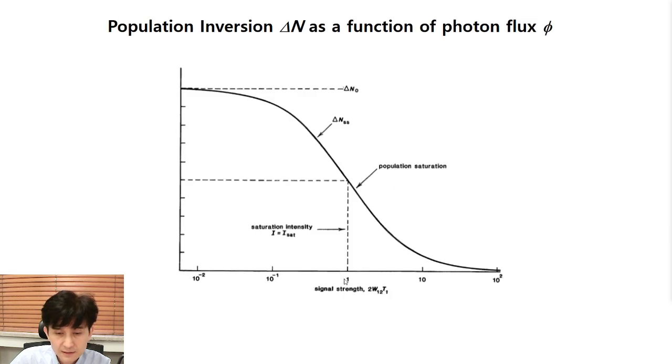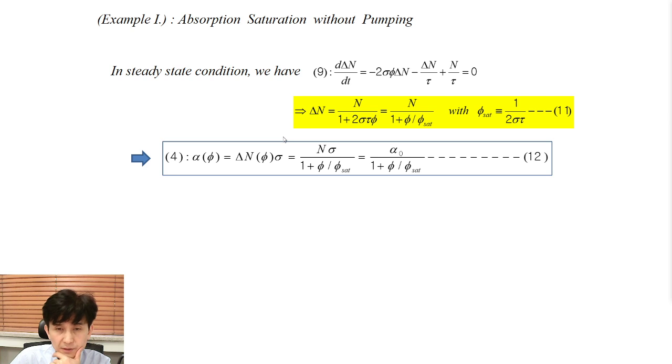If we increase the intensity or the photon number, then when the photon number becomes phi set, the absorption or population inversion becomes 1/2 of its original population inversion or original absorption coefficient.